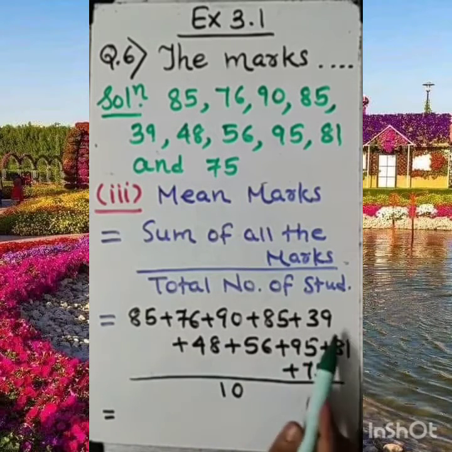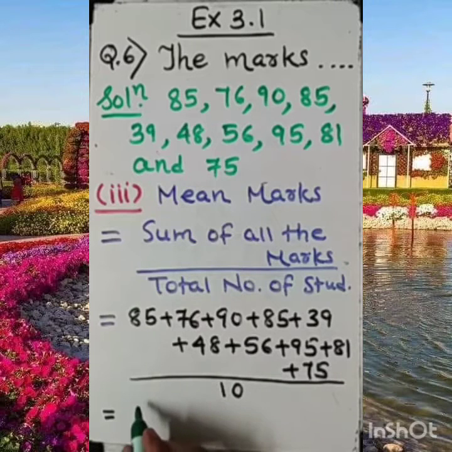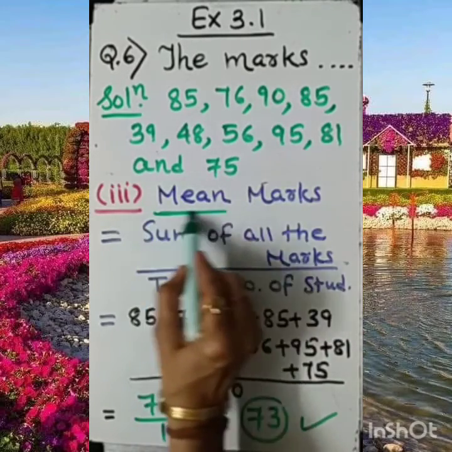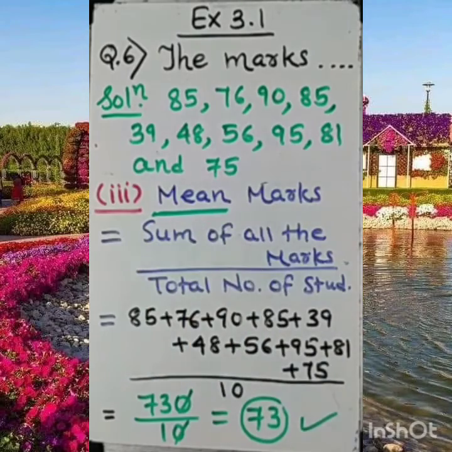If we add all these numbers, the sum is 730. That will be divided by 10. So the 0 will be cancelled, and the answer is 73. So we can say 73 is the mean marks of the given group. All three answers of question number 6 are complete here.